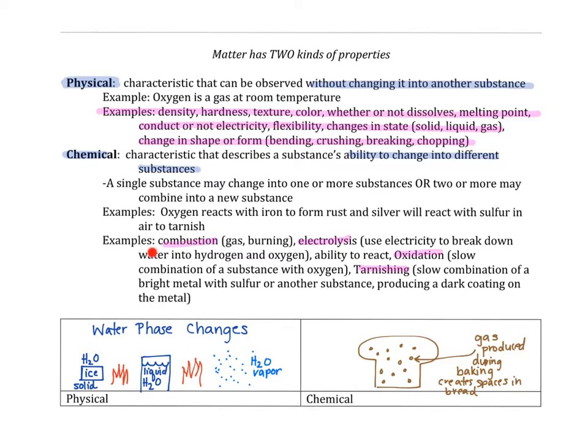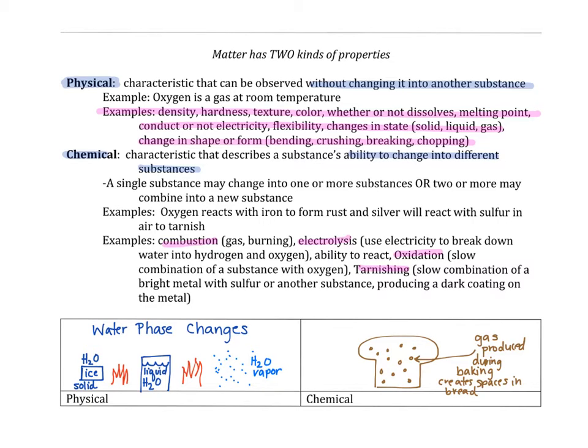Some examples of chemical properties include combustion, so gas and burning, electrolysis, so we can actually use electricity to break down water into hydrogen and oxygen, breaking apart the chemical bond, its ability to react, oxidation, so that is rust is an example of oxidation, the slow combination of a substance with oxygen, tarnishing, so the slow combination of a bright metal with sulfur or other substance, which produces that dark coating that we talked about.